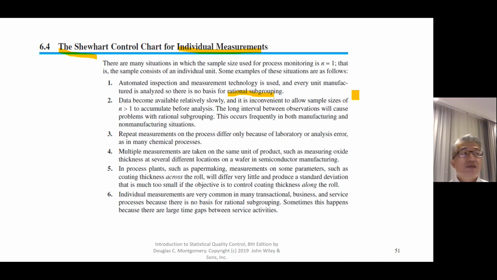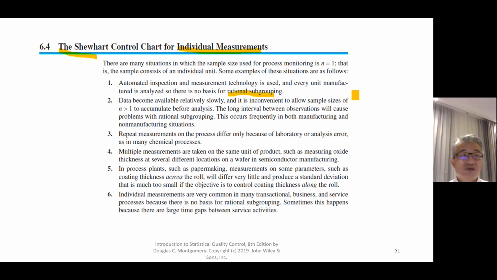So there's always one service staff corresponding to only one customer, because there's no basis for rational subgrouping. Sometimes this happens because there are large time gaps between service activity.